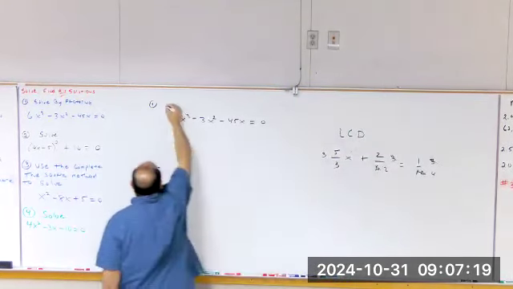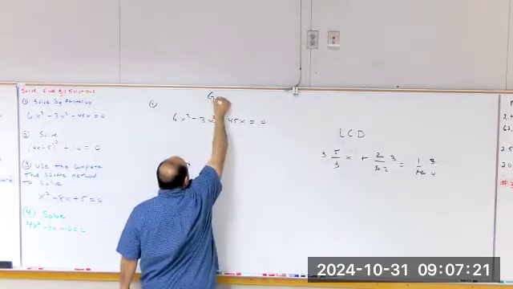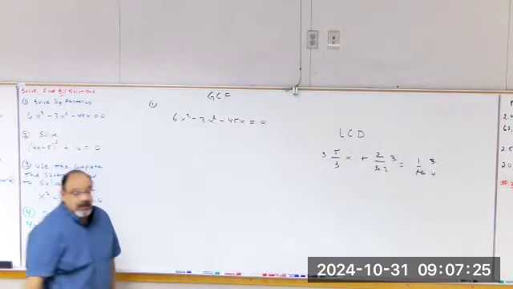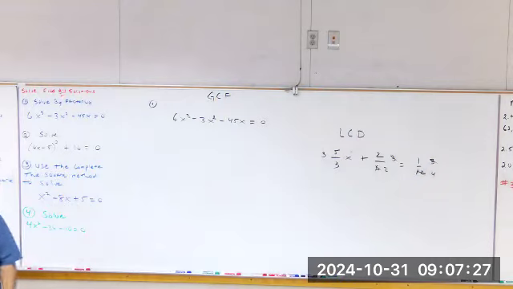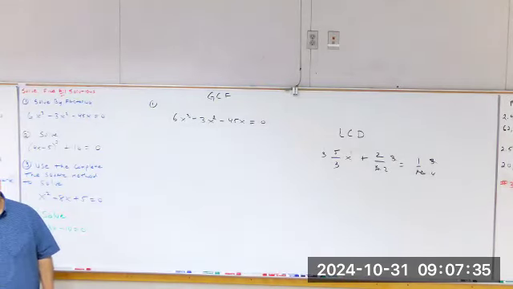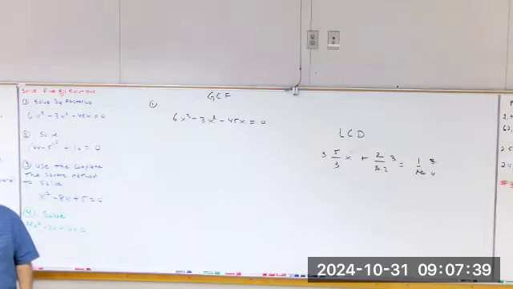Over here, it's the greatest common factor. The biggest number that you can take out of each one. The biggest number that you can actually divide out of each one. So 6, 3, and 45 are all divisible by 3.